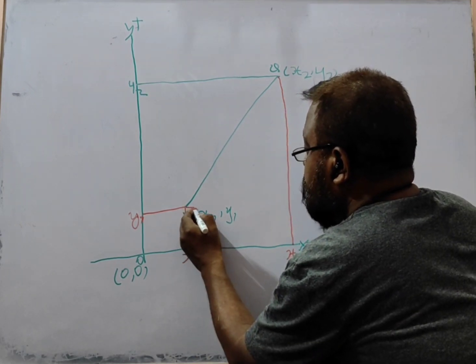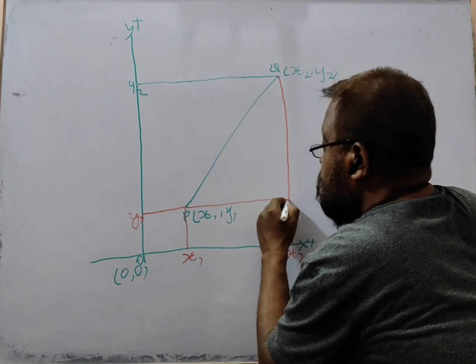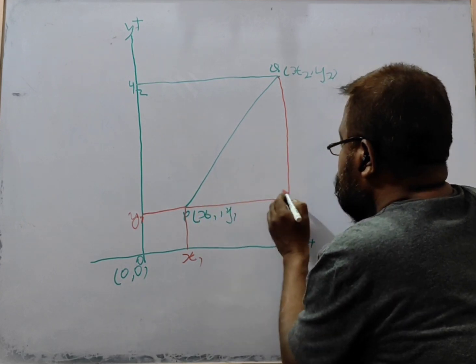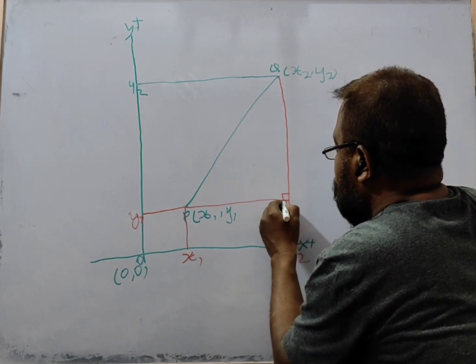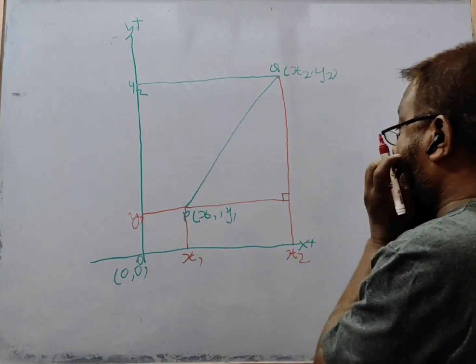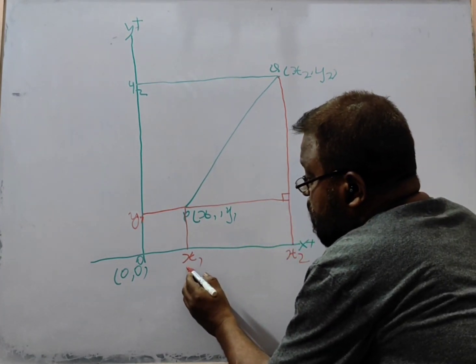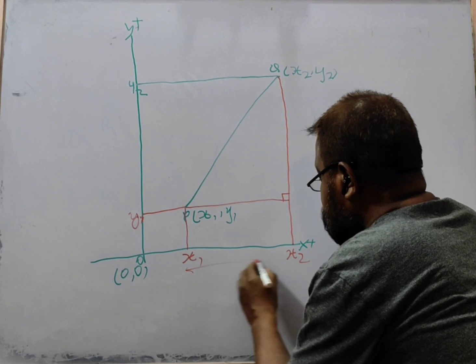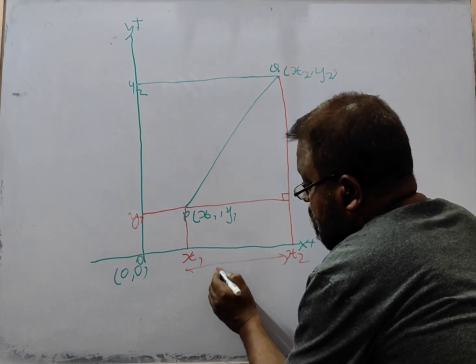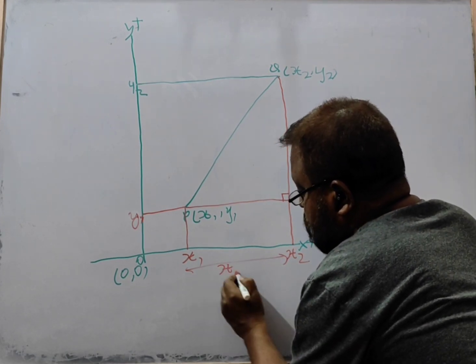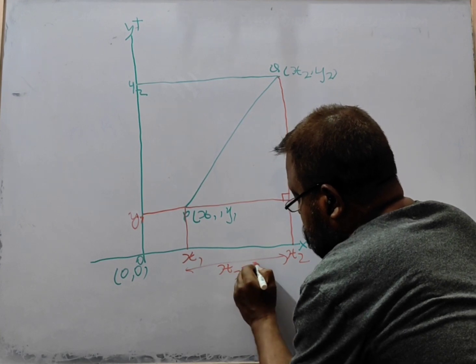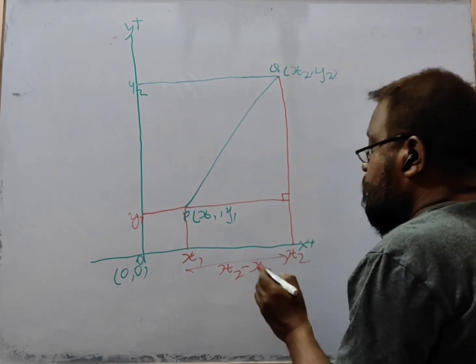If we join this like this, this is making an angle of 90 degrees, right? So this distance is how much? This distance is x2 minus x1, right?